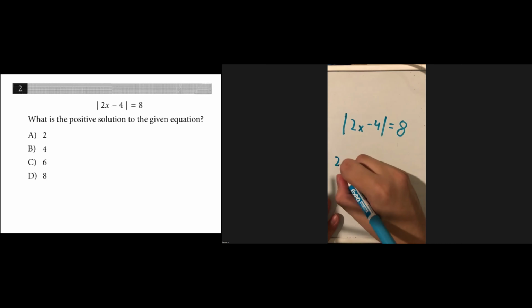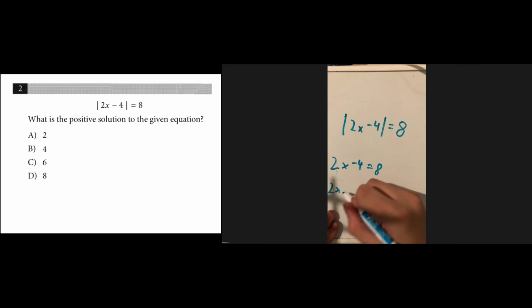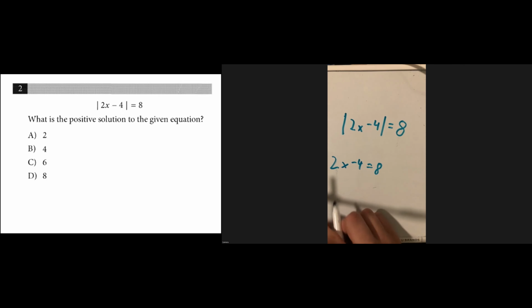And so when we convert absolute values, we have 2x minus 4 equals 8, and 2x minus 4 equals negative 8. And now we just solve for the two possible values of x. So let's do the top one first.